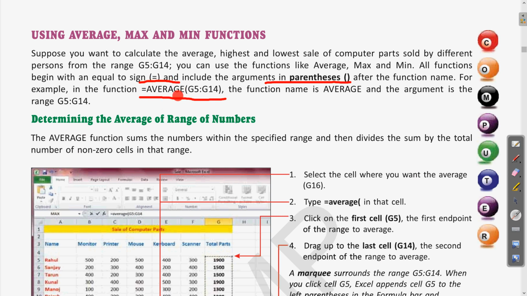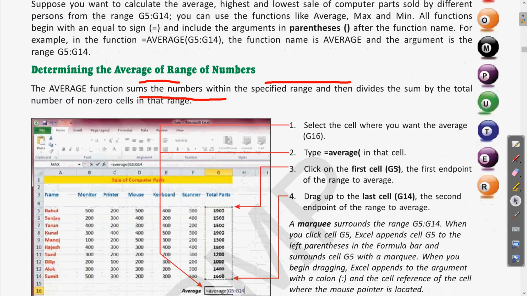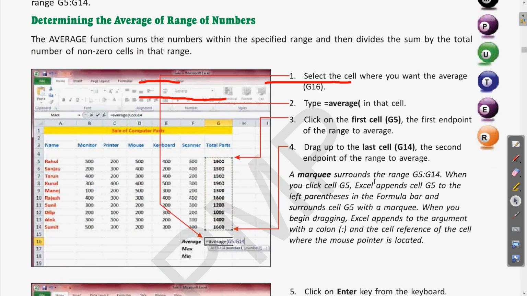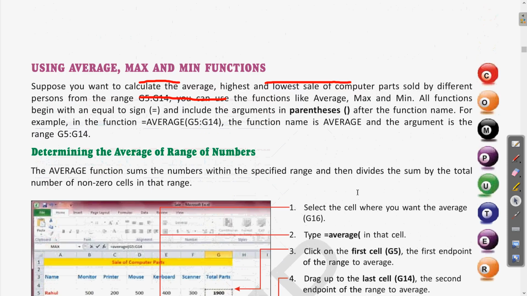The name of the function here is average, and in the bracket we write the address range from the beginning to the end. The function name is average and the argument is the range G5 to G14. This is how we will use the different functions. In the coming class, we will see how to apply these functions and find the maximum, minimum and various other functions as well.